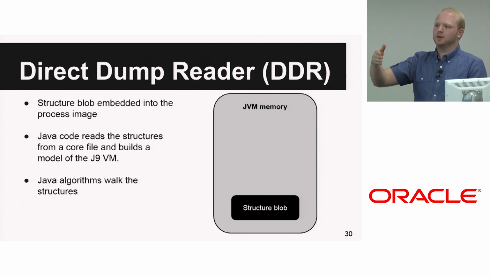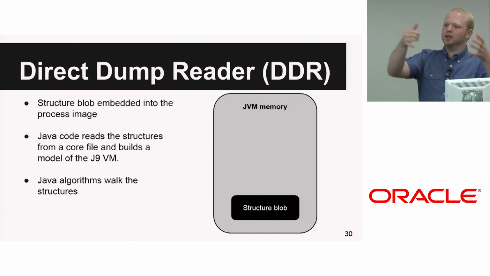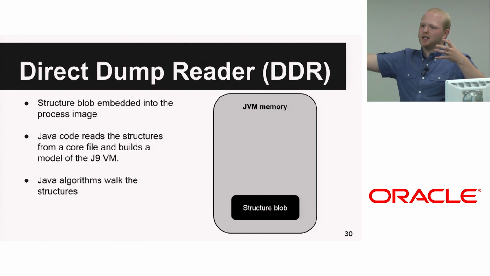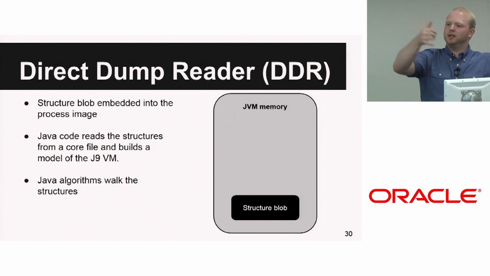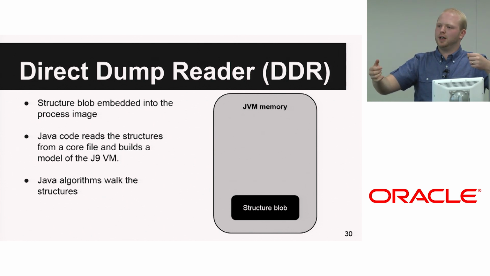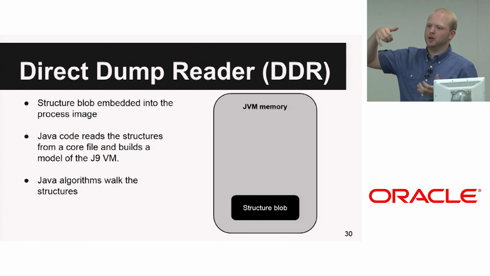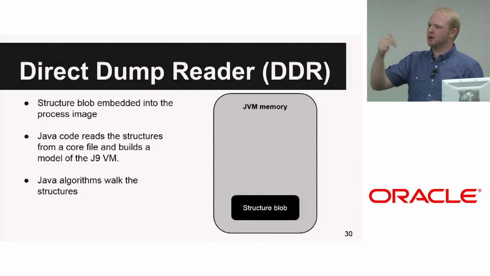And you get that information from the headers, or is there some information written into Java code that helps? The Java code knows how to read the information we loaded into the core. It started from the headers from the JVM. We processed it and turned it into something we can read using Java code. And then the Java code is programmed to know how to use that information to run its algorithms.